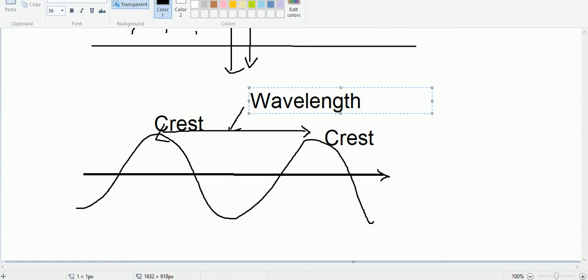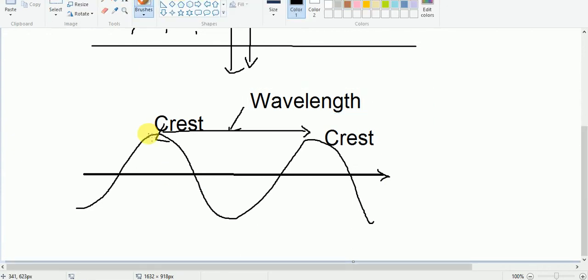And see here, let us draw a line. This is known as wave height.